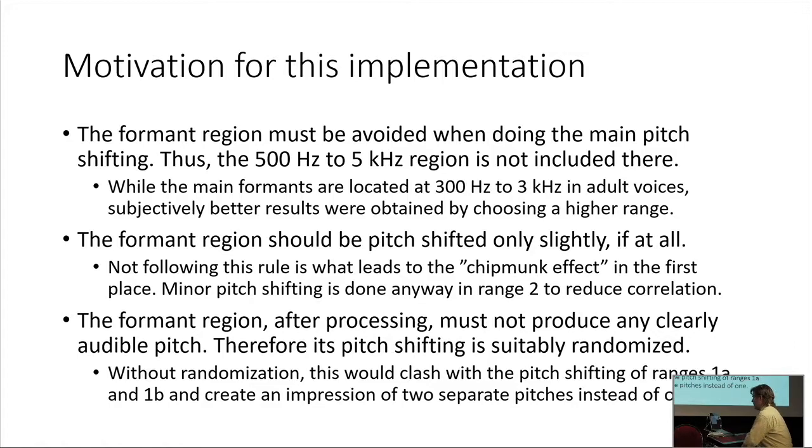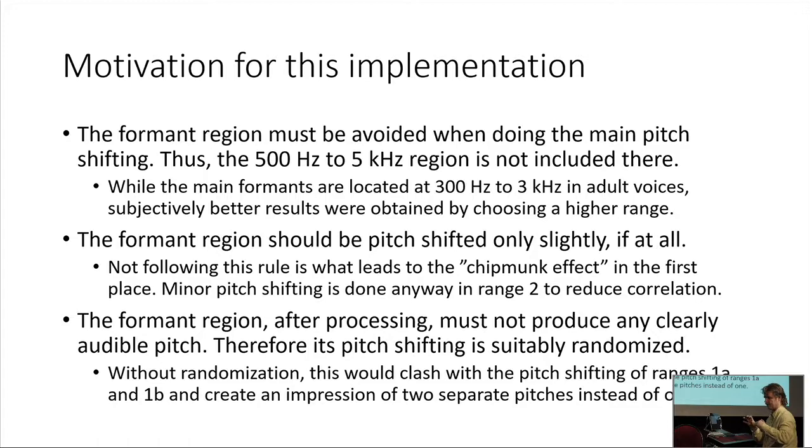And obviously, if you try to pitch shift one region, let's say the fundamental and the high frequency region, but not the formant region, then you get kind of contradictory information, because you have one sense of pitch in the low frequency region. You can hear the fundamental, but then your formant region is quite wide, and there are a lot of harmonics there.